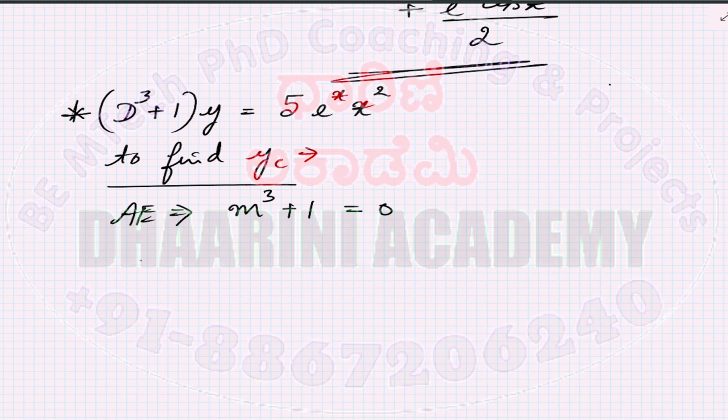What I do here is, let's try to put different values. So one of the roots I can directly guess here, right? M is equal to minus 1, because m cube is equal to minus 1, so minus 1 itself is a root. So first root I am going to guess, m equal to minus 1 is a root.